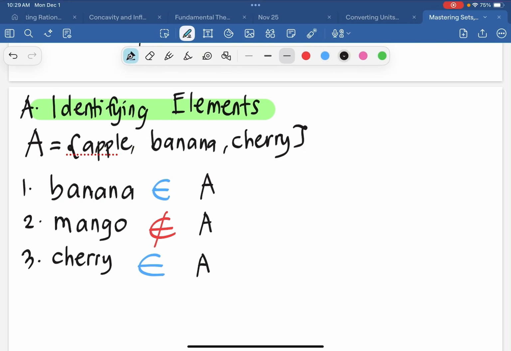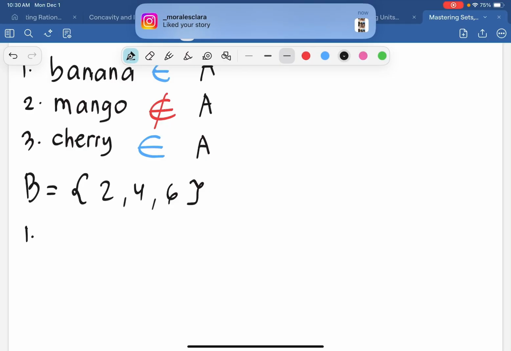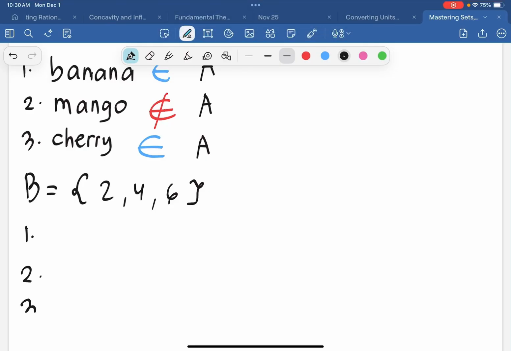Another example we could take, let's have set B. So we have 2, 4, 6. So it's just easy. So is 4 an element of B?